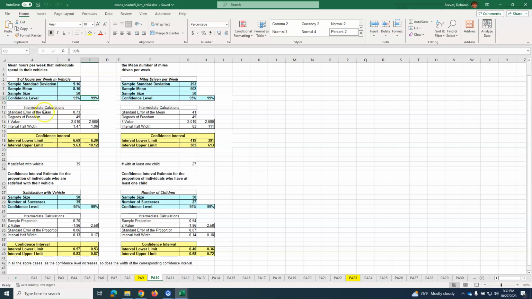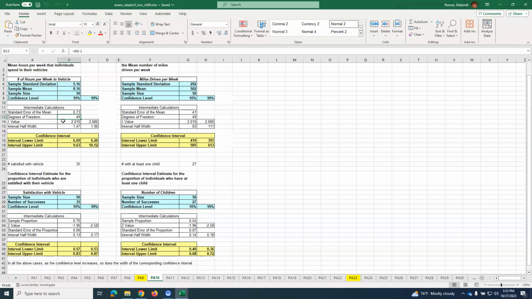So anyway, here's the mean. You're going to do the standard deviation, B6, divided by the square root of the sample size, B8. That's how you're going to get your standard error of the mean. Degrees of freedom is B8 minus 1.